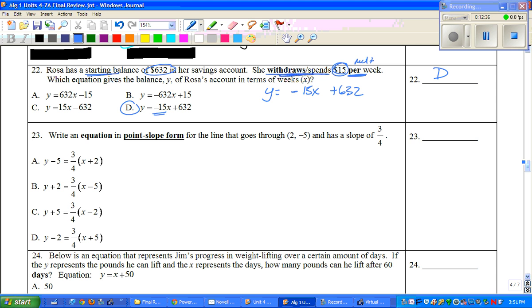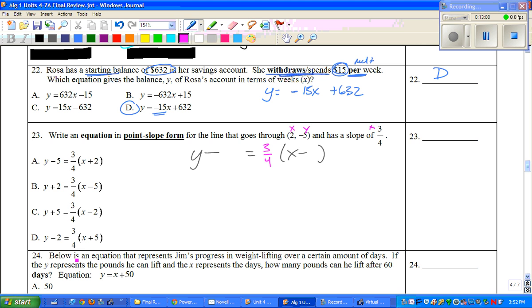So if you can just get that one piece of information, you're starting off pretty good. Write an equation in point-slope form for the line that goes through (2, -5) and has a slope of 3/4. Hopefully this won't be too bad because we've already done a couple of point-slope problems. Just know which one's your x, which one's your y, and where your slope goes.